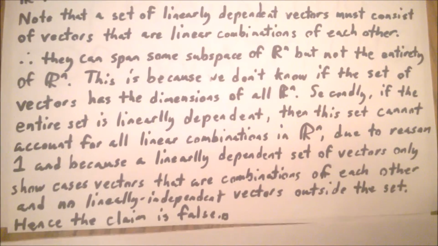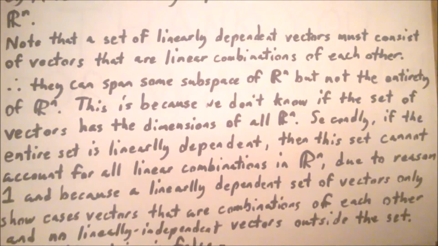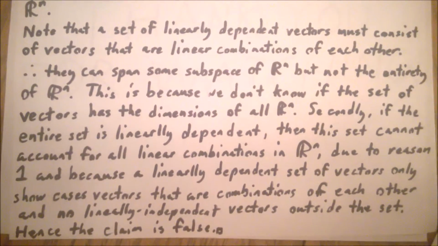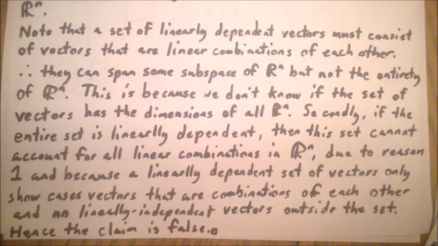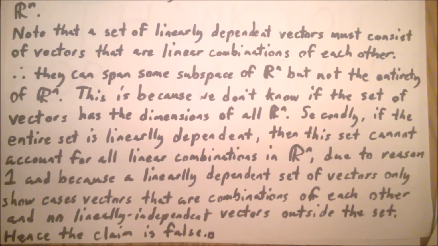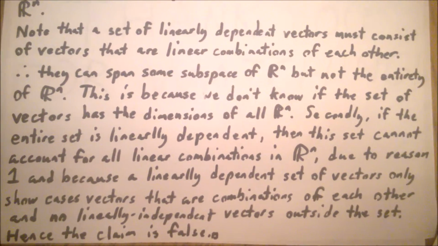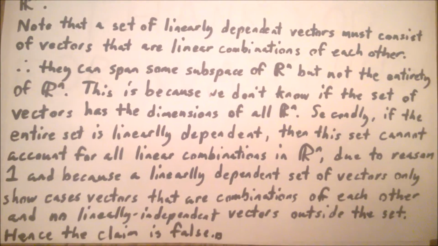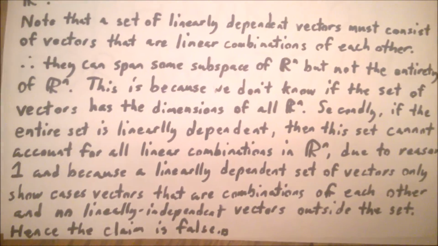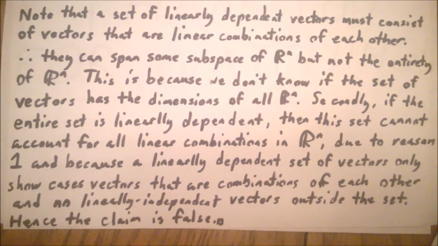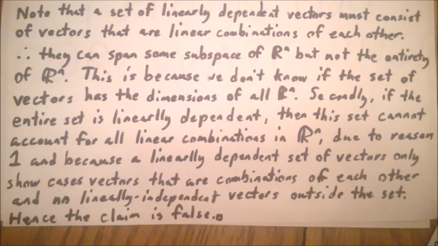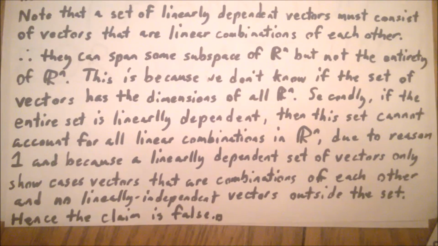So if there existed some vector from outside of this set that was linearly independent and can be added to another vector to create some sort of linear combination, right? That linear combination isn't contained within the set because this set is linearly dependent. It can only contain vectors that are dependent upon the other vectors within the set.